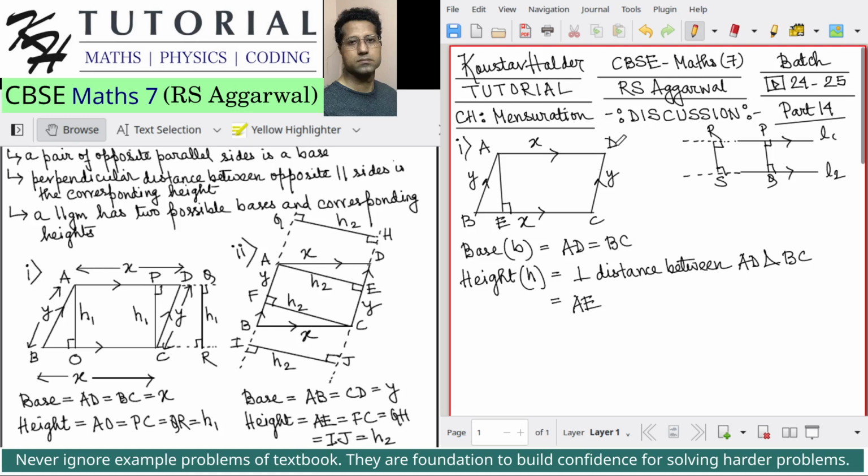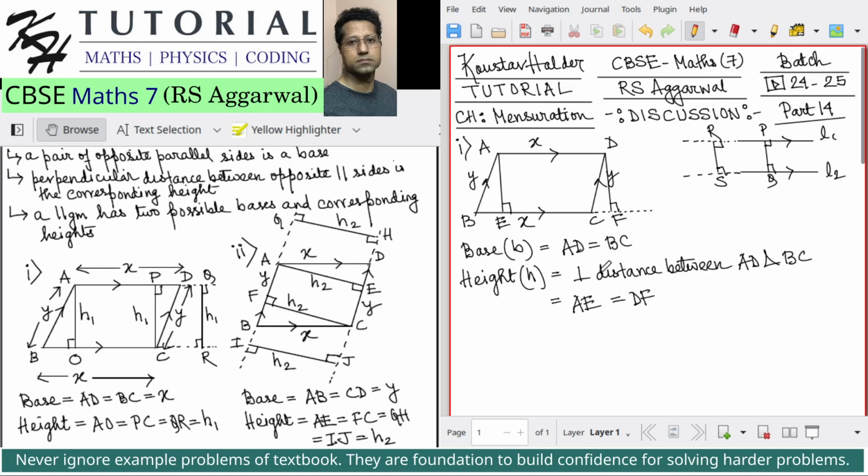I can extend the side BC, and from the vertex A I can draw a perpendicular on the extended BC, let's say this point F. So I can also say that the height of this parallelogram, when the base is AD or BC, will also be equal to DF.